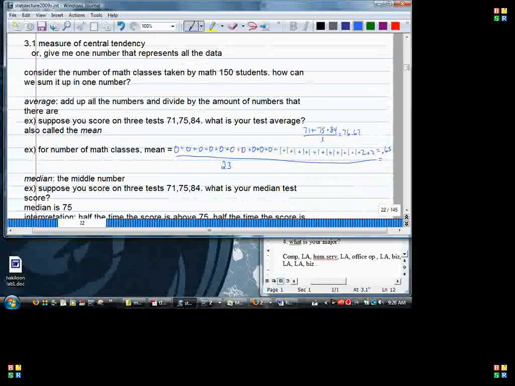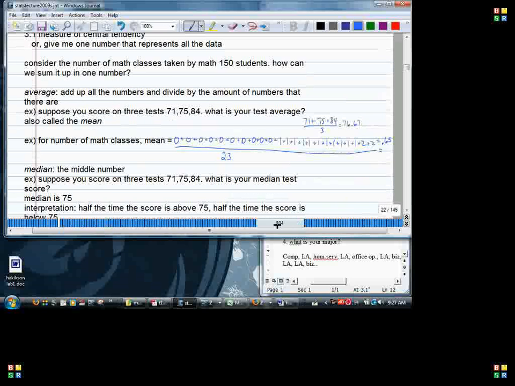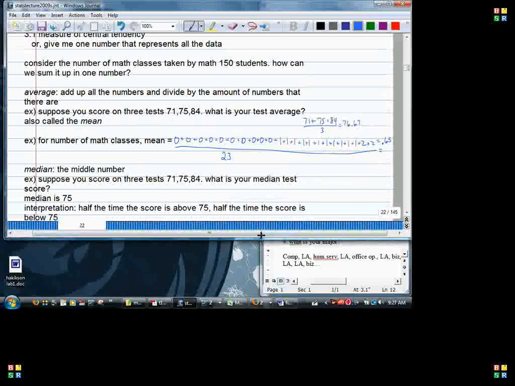Okay. So now by saying the middle number, here's a nice way to interpret that. It has to be in order. Absolutely right. So that's one of the implications of this statement. So what if I said your test scores were 71, 84, 75?